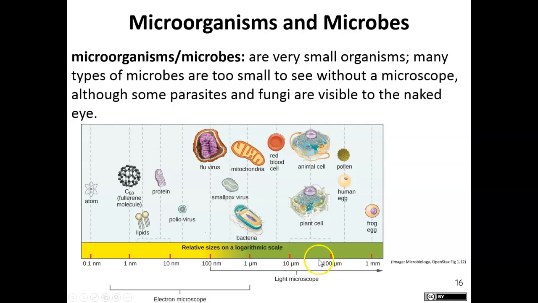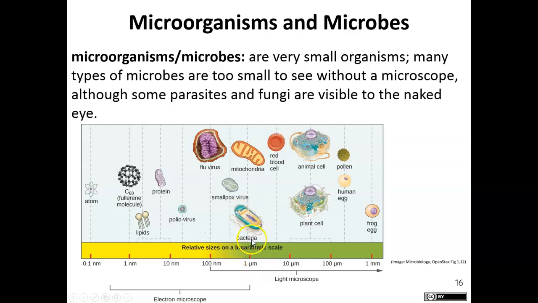Once we get down to the cell level, you can't see these with an unaided eye. So you need a microscope. And even with the frog egg, you can see them possibly, but a microscope will allow you to see them more effectively. Blood cells, they are large, but they're still too small to be seen by the unaided eye.